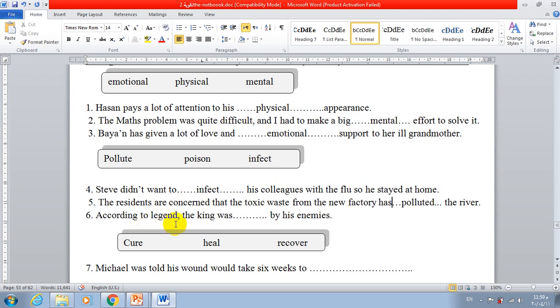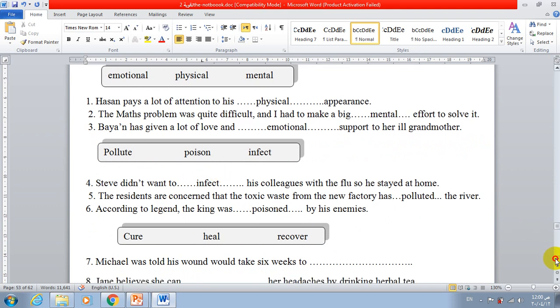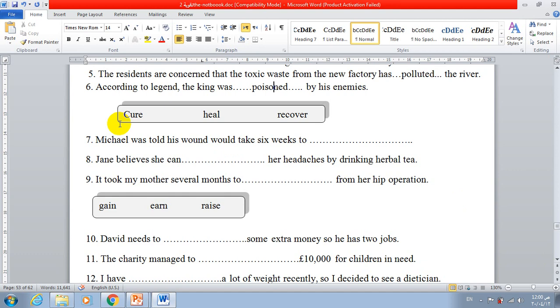Number 6, according to legend, the king was poisoned by his enemies. Here we must say poisoned. According to the legend, the king was poisoned by his enemies. There is another box with the words cure, heal, recover.